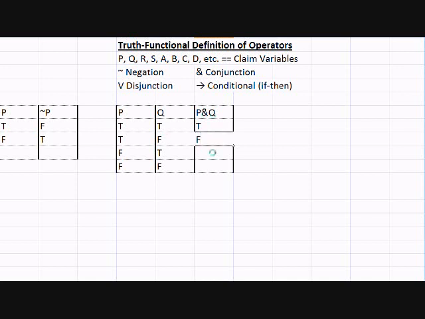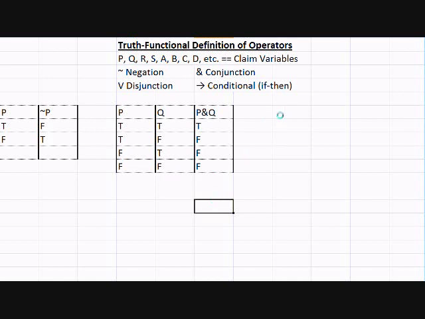If I'm making the claim both P and Q are true, but Q turns out not to be true, obviously the statement is false. Likewise, if P is false, and likewise, if both are false. If neither is true, then the entire statement, P and Q are true, is clearly false.